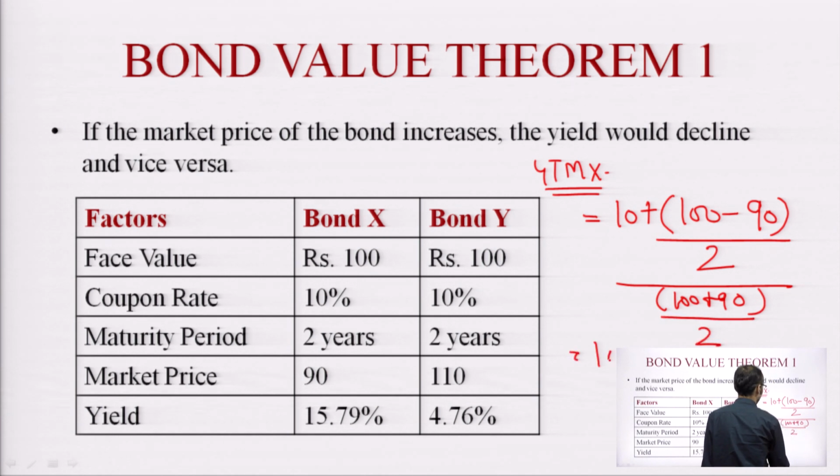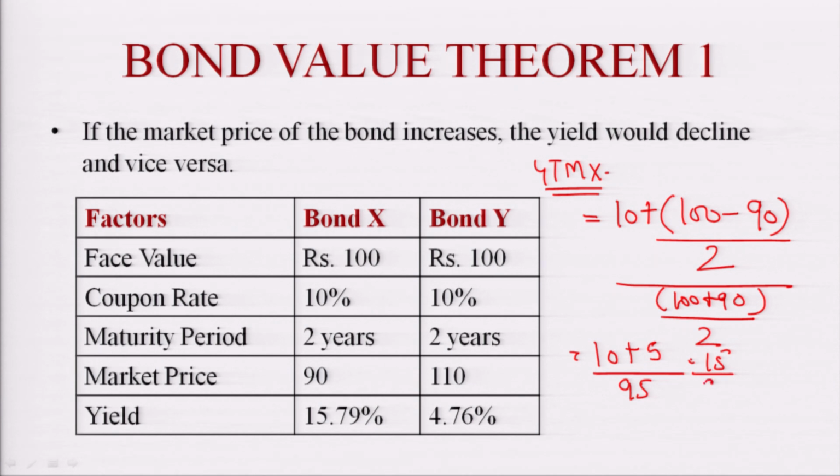Now, if we try to solve this example, we will have these variables with us. The resultant yield to maturity will be 15.79%, that I have already calculated for your convenience.